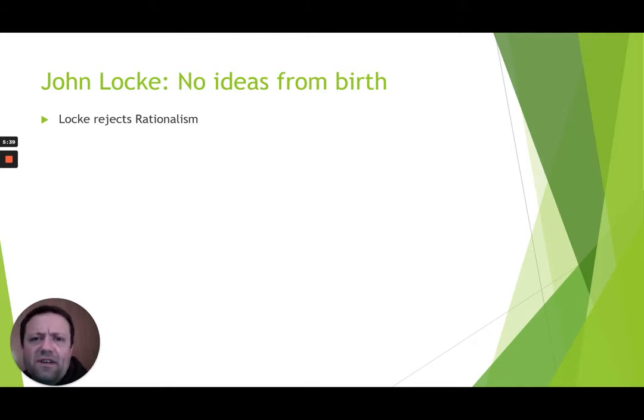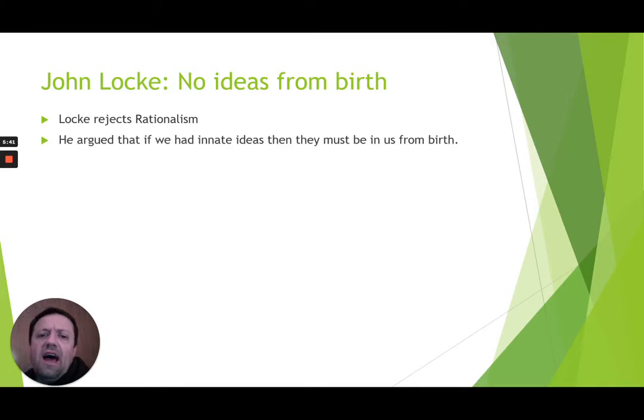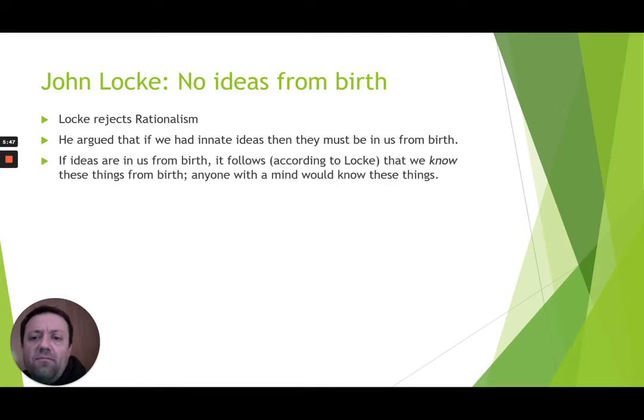Okay, it's essentially the opposite of empiricism. And Locke said that if we did have innate ideas, then obviously they would be in us from birth. And if they are in us from birth, then it follows that we know things from birth, right? Anyone with a mind would know these innate ideas. But babies are apparently completely ignorant.